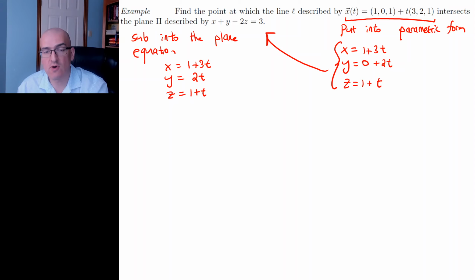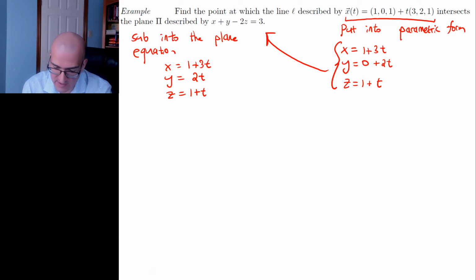This forces them to cross. It says, okay, the x coordinate that you have, guess what? I'm going to give you the same x coordinate as the line. And the same for the y and the same for the z. Now, hey, you got no choice unless the next thing that we do yields no solution. So I'm going to plug those in and see what happens.